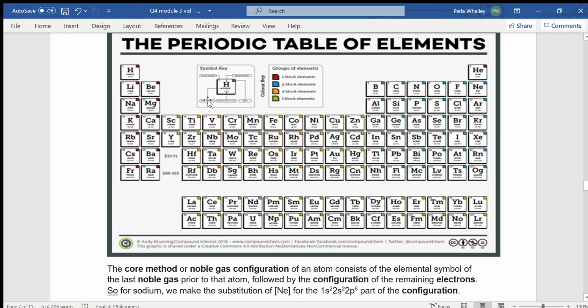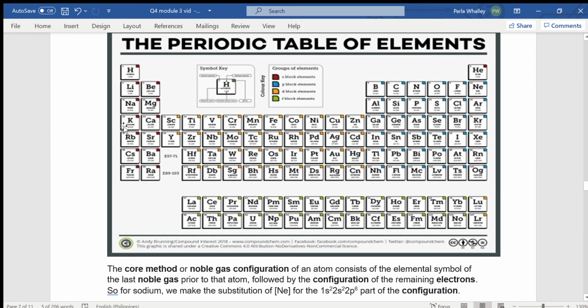For period 2, the noble gas that it will use is helium, which is in period 1. For period 3 elements, from sodium to chlorine, it will use neon as the core because neon belongs to period 2.